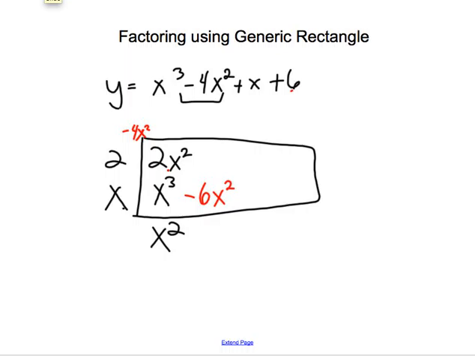So now, because of that, I have to fill in this outside piece. This outside piece down at the bottom has to be negative 6x because that's the only way to get negative 6x squared in that spot. The next thing I do is, well, because this is here, I'm going to know for sure that this corner is going to be negative 12x. So that has to be negative 12x.